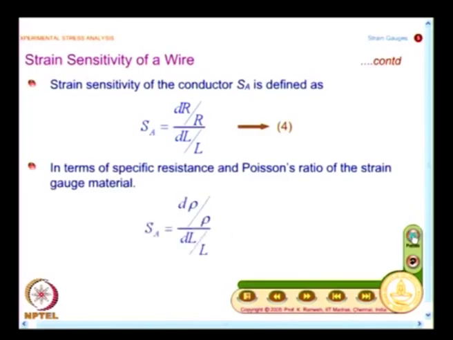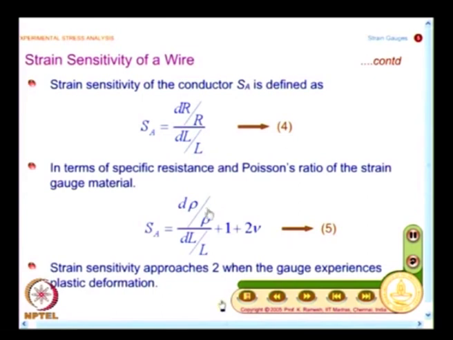And I can recast this expression in terms of the specific resistance as well as the Poisson's ratio. So, what I have is S_A equal to d rho by rho divided by dL by L, plus 1 plus 2 nu. This gives an indication that strain sensitivity approaches 2 when the gauge experiences plastic deformation.